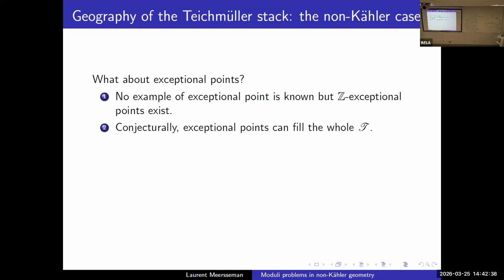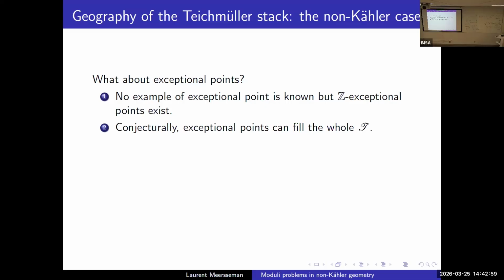And if you do that with the Z Teichmüller stack, there are examples of the exceptional points. So of course you can say, well, there are examples of the exceptional points, so there should also exist exceptional points in the usual case.